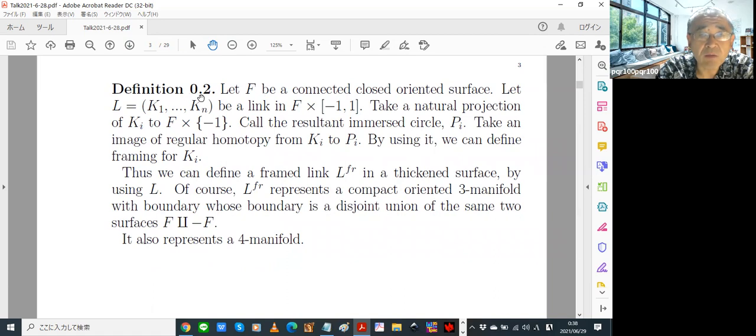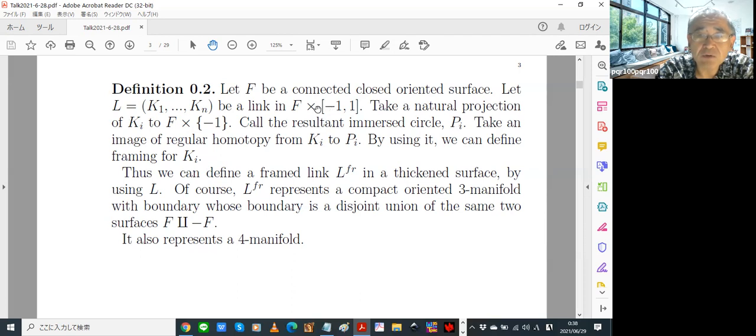Definition 0.2. Let F be a connected cross-oriented surface. Let L be a link in F cross interval. Take a natural projection of Ki to F cross minus 1. Call the resultant immersed circle Pi.